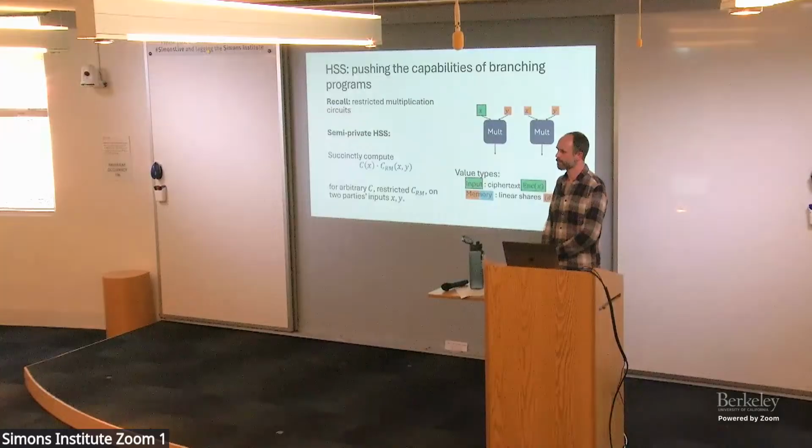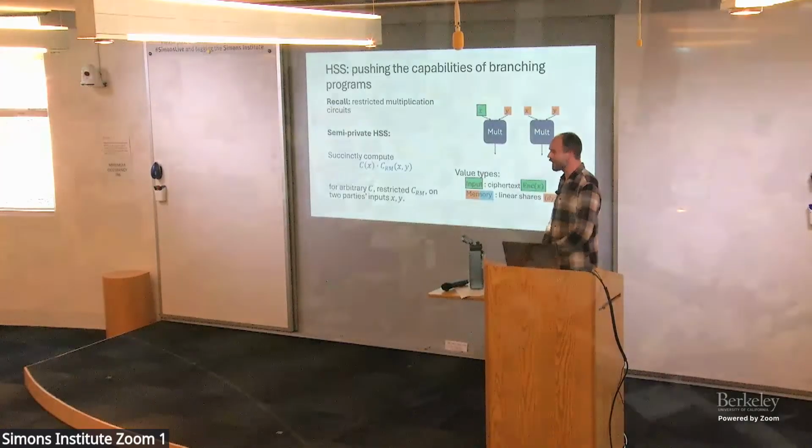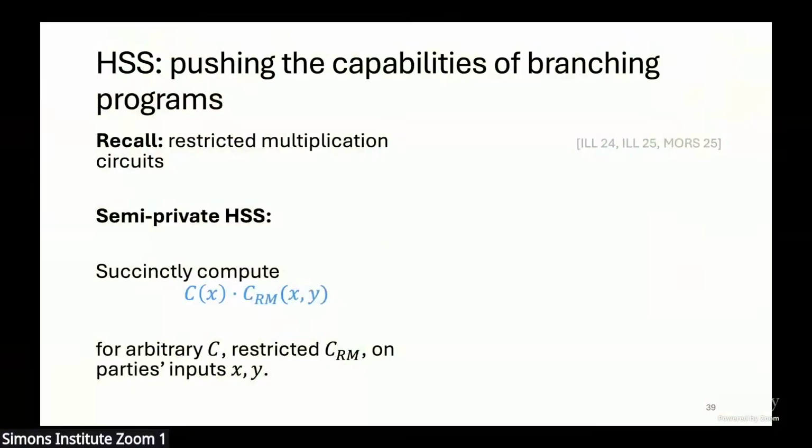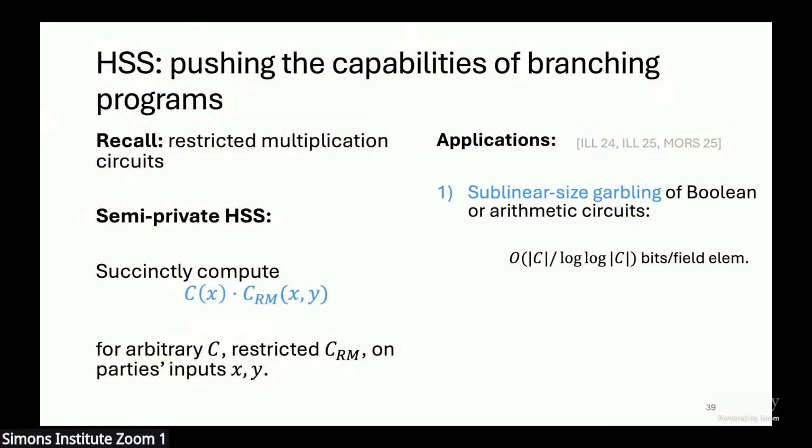Why is it called semi-private? What is the semi? Yeah, semi-private is because this C of x part, x, is known to one party. So this gets you something a little bit more than branching programs, and it turns out to be also somewhat powerful. In particular, this can be applied to garbled circuits.